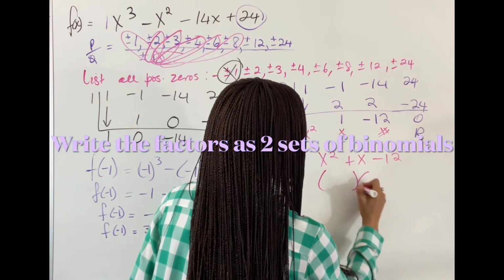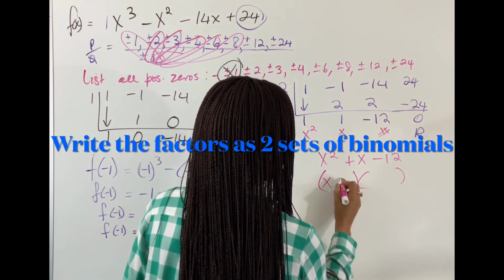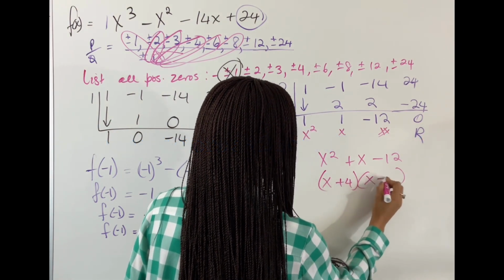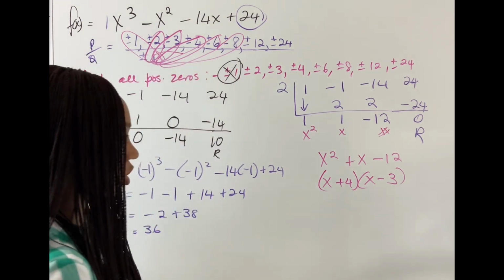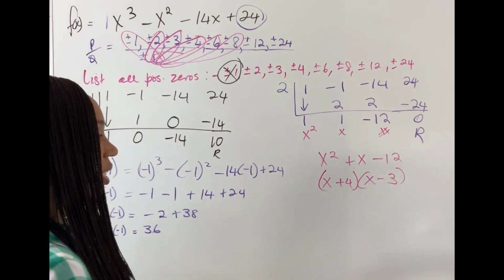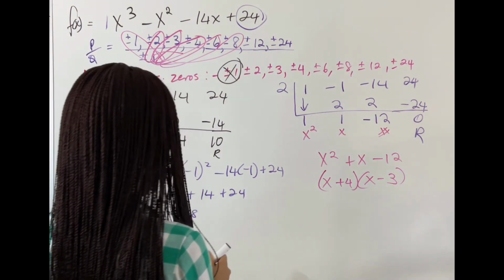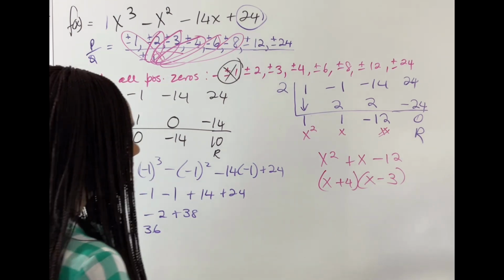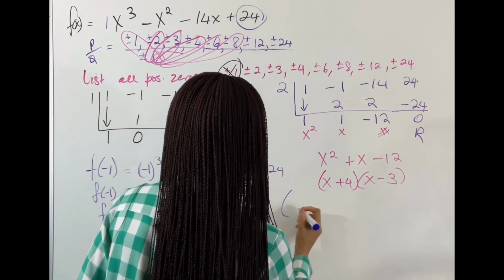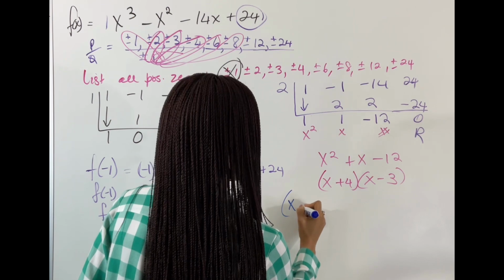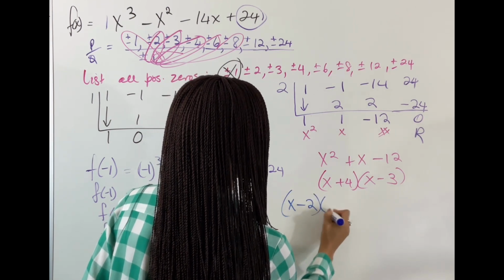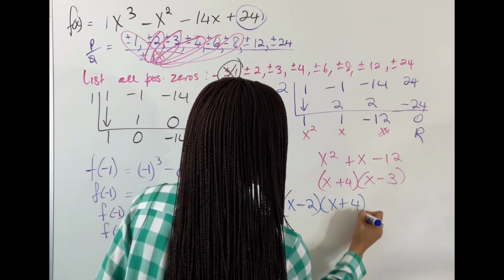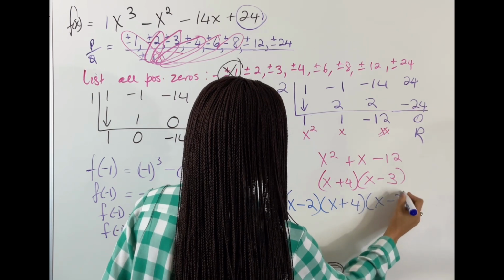So we write it as 2 sets of binomials, x plus 4 and x minus 3. Those are our factors. And so we can further state that the factors of the polynomial are x minus 2, x plus 4, and x minus 3.